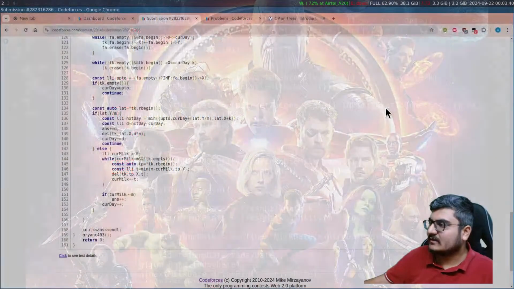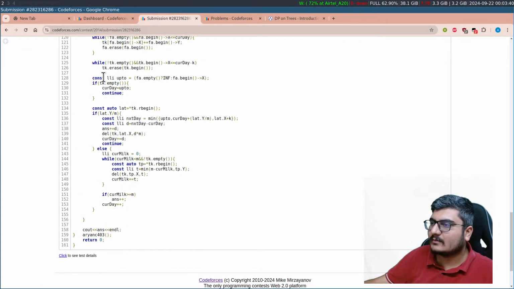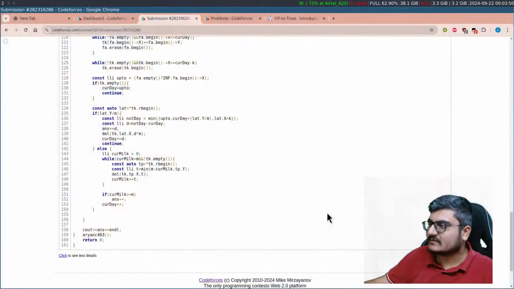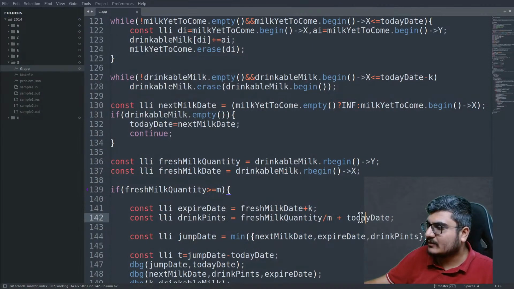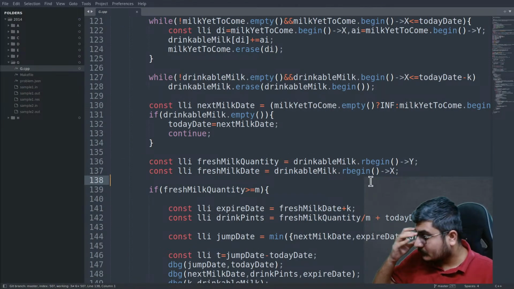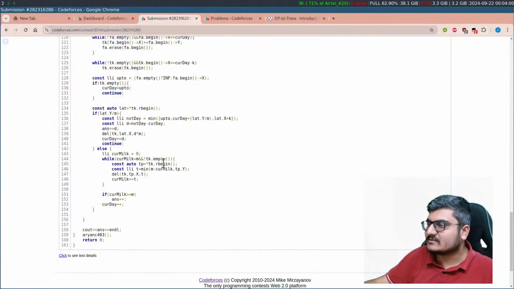Next milk date is milk yet to come up to current date plus k, and whatever is the quantity by m, current day plus quantity by m. Next jump date is the minimum of this.